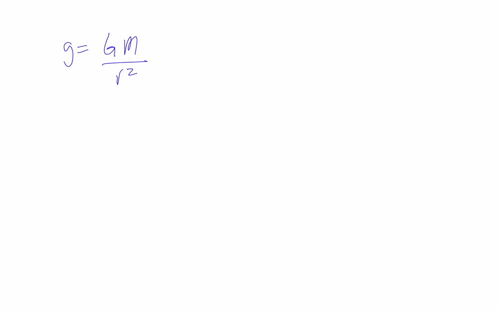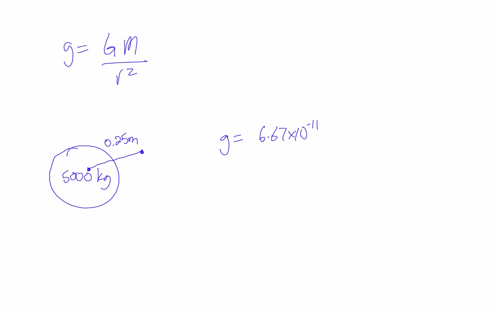So let's suppose we have some unknown mass that weighs 5,000 kilograms, and we are 0.25 meters away from the center of it, so center to center, 0.25 meters. We could figure out what the acceleration of gravity is at that point due to that object. All we would do is plug in our 6.67, times the mass, so 5,000, divided by 0.25 squared.